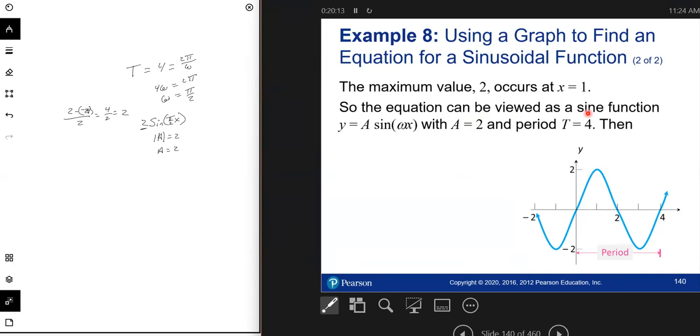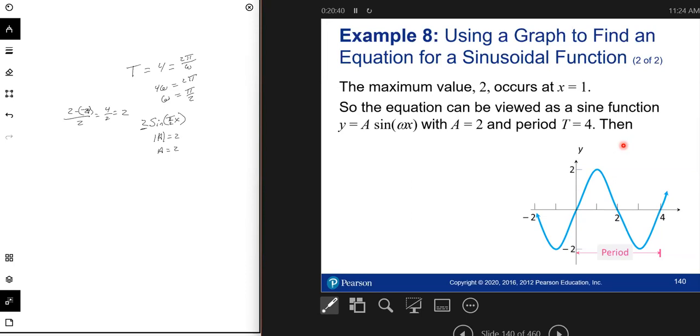So the equation could be viewed as a sine function with A equal to 2, because 2 times 1 is 2. And the period is 4. And then they find the A first, which is somewhat easy to do. So that's out of the way.